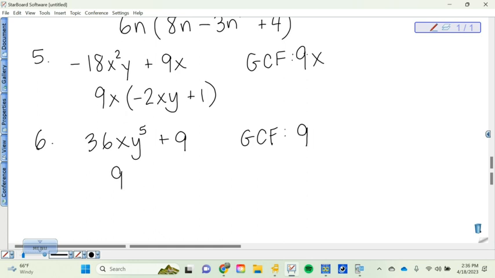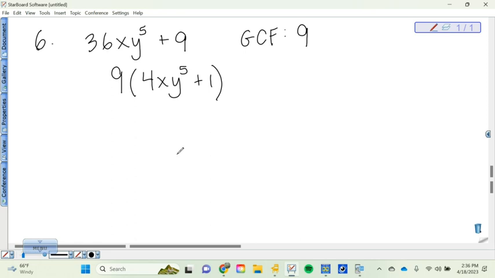So if I take 9 out in front, what do I put in parentheses? Yeah, y to the 5th, because I didn't take a y out, so it just stays as it is. And then what? Plus 1. Perfect. Okay, 2 more.